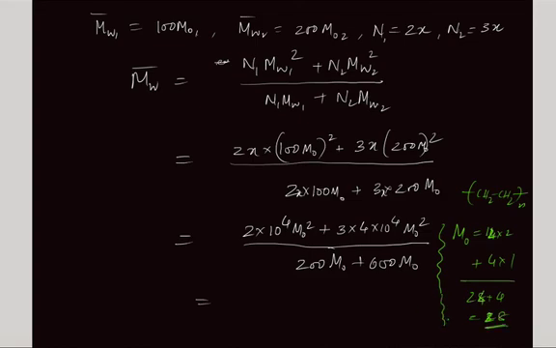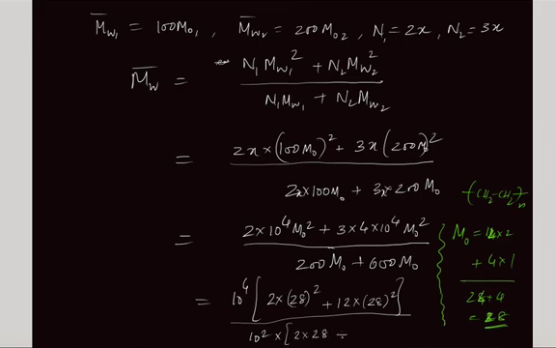So the mass of that monomer is 28, therefore this all gets cancelled, and I'll have 10 raised to the power of 4 coming out. So I'll have 2 into 28 square plus 12 into 28 square, divided by 10 raised to the power of 2 into 2 into 28 plus 6 into 28.